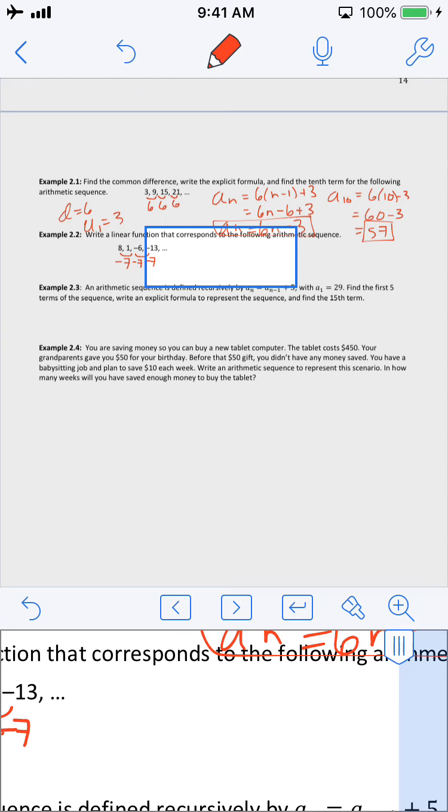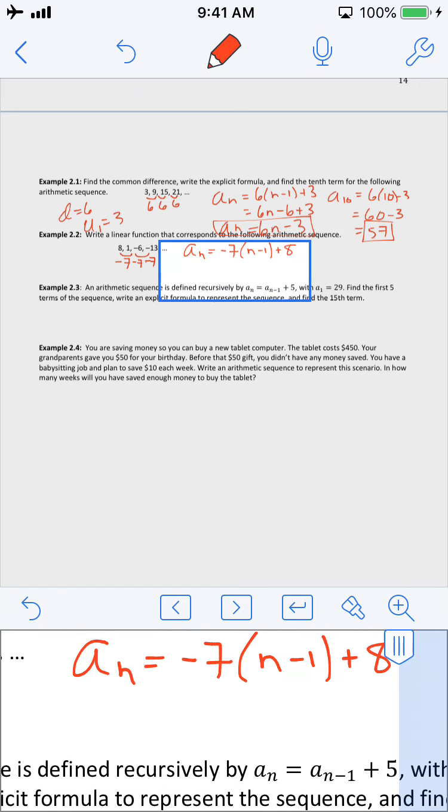Okay, so that means our D would be -7, and our first term would be 8, and then an equals -7(n minus 1) plus 8, which is -7n plus 7 plus 8, -7n plus 15.